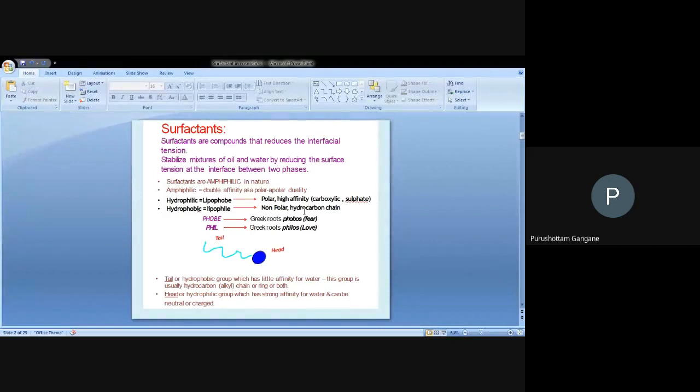As per the definition, surfactants are compounds that reduce the interfacial tension. And why is interfacial tension produced? Anybody from you? Why does interfacial tension or surface tension exist? Yes, Anjali Pawar, am I audible?